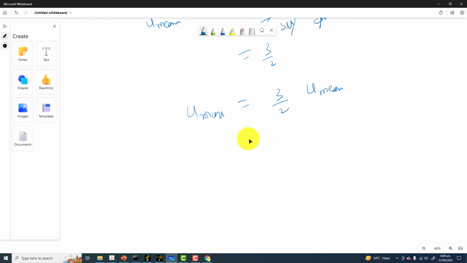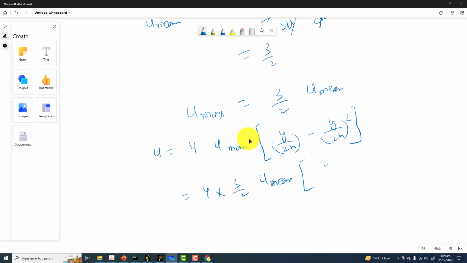Okay, so u is equal to 4 times u max, bracket start y upon 2h minus y upon 2h whole square, bracket close. So this is 4 into 3 by 2 u mean and y upon 2h minus y upon 2h whole square.